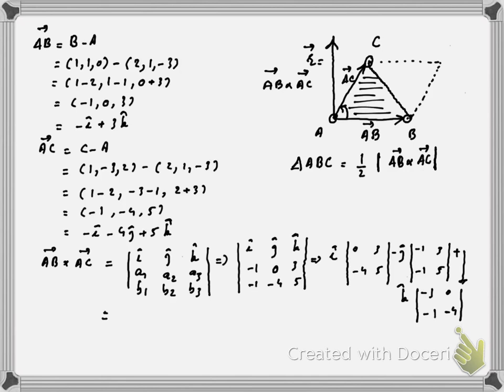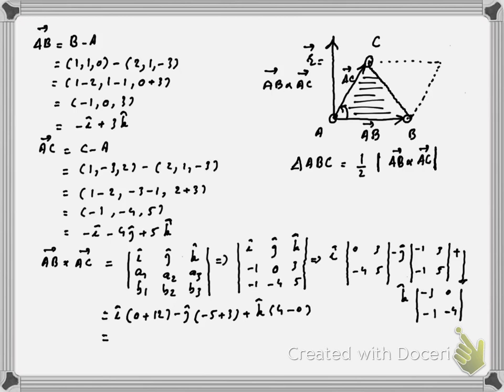Now it is equal to i cap into 0 minus into minus 12, so 0 plus 12, minus j cap into minus 5 minus into minus 3, plus 3, plus k cap into 4 minus 1 into minus 4 is 4, minus 0.